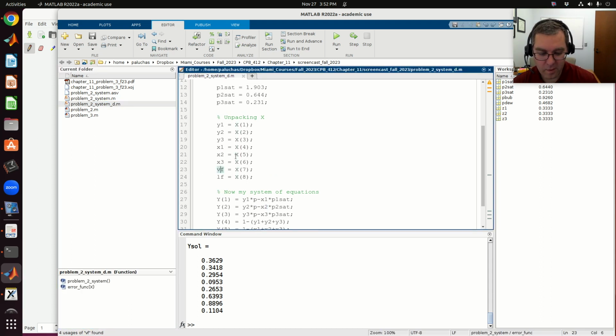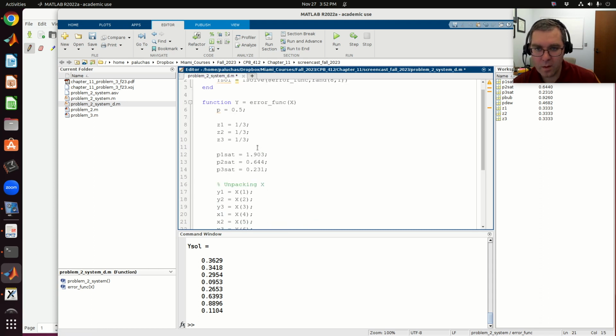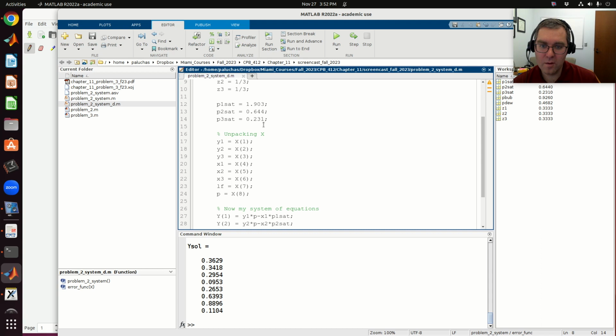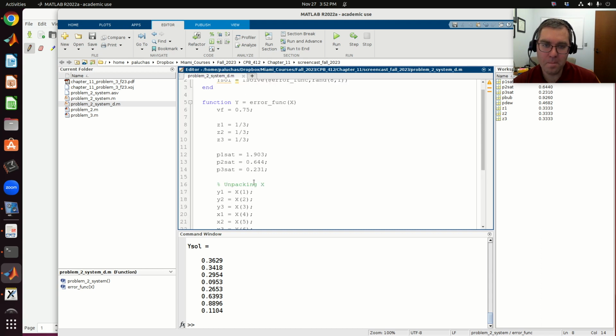So variable 7 is L over F, and variable 8 is P. Then instead of specifying V, I'm given V over F is 0.75. Cool. So P is my last one.